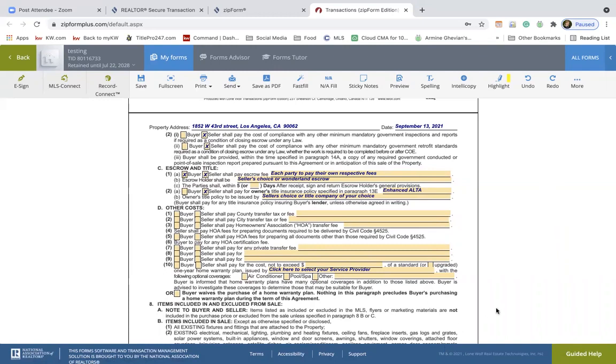Sorry, I'm a little confused. What were you saying? 9A is the one that says closing in possession, that area? Yes, here. 9A, where? Seller shall pay for the cost of compliance with any other minimum mandatory government retrofit standard required as a condition of closing escrow under any law, whether the work is required to be completed before or after close of escrow.